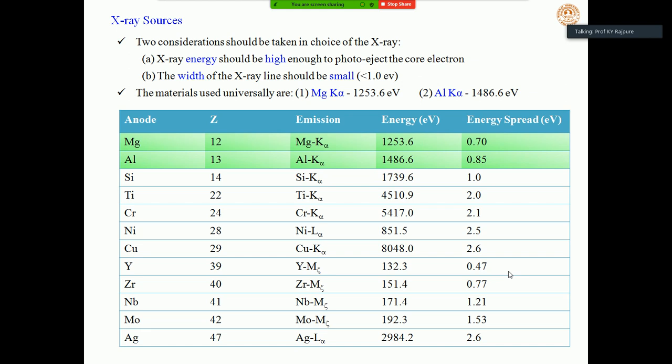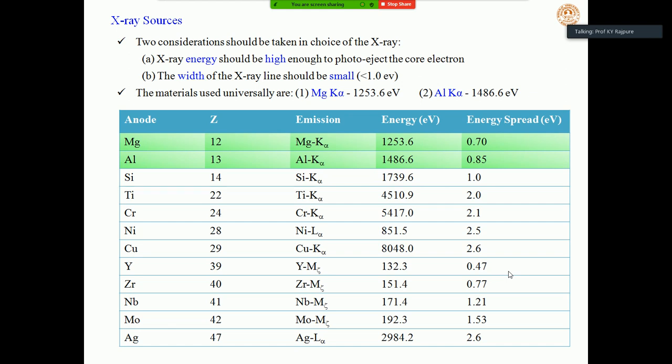If it removes the innermost electron, then that vacancy is filled by outer electrons, and that energy is the energy of the X-rays. If you see the X-ray spectrum, depending on the bias voltage, we have the characteristic X-ray spectrum embedded in the continuous spectrum. So we need to use filters, and these are energy filters.